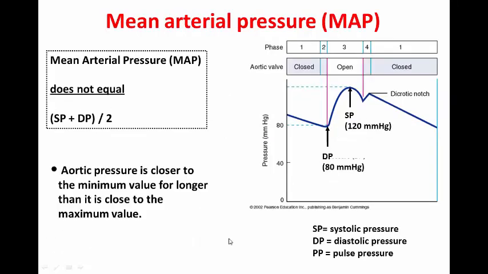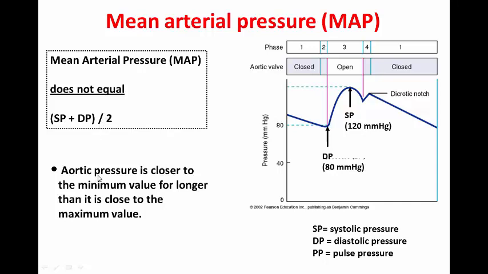The mean arterial pressure is the mean pressure in the aorta and in the systemic arteries during the entire cardiac cycle. This mean arterial pressure is not equal to the sum of the systolic pressure and the diastolic pressure divided by 2.